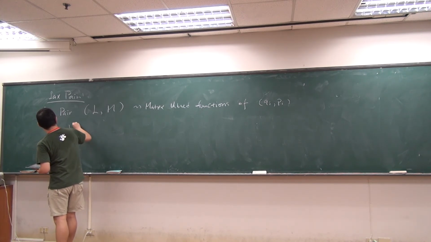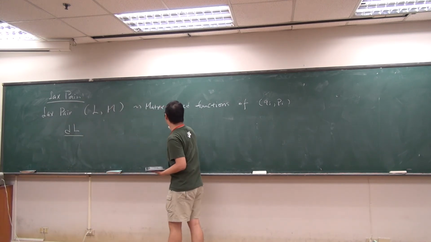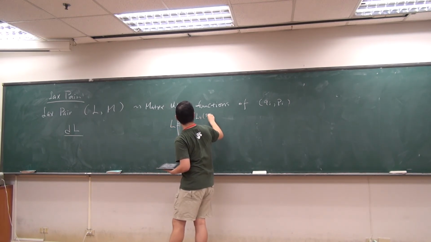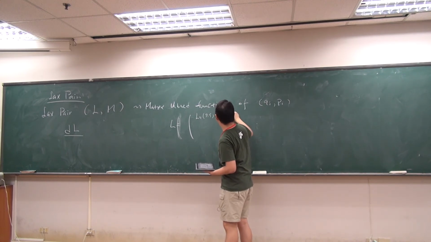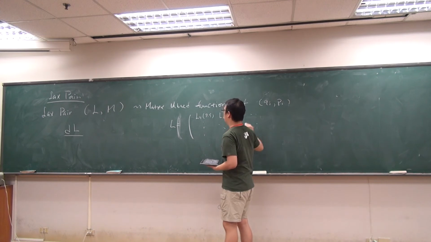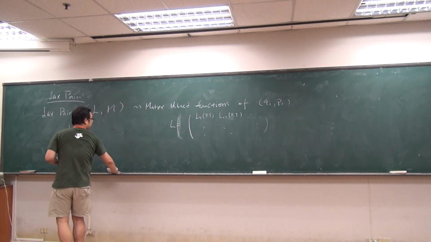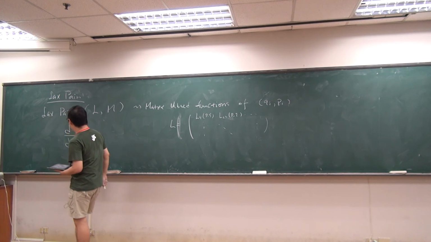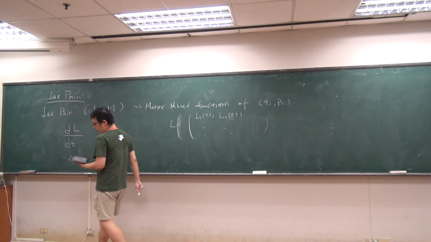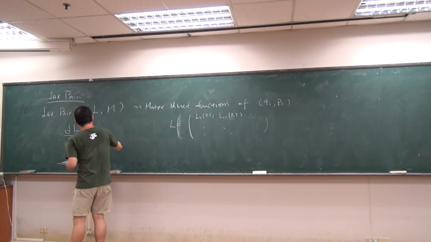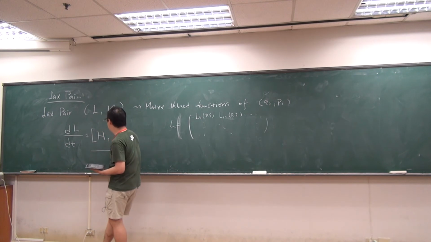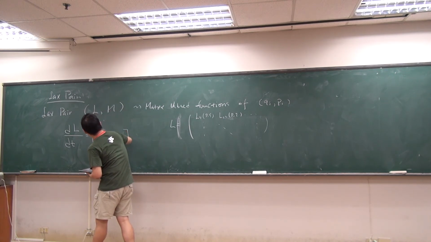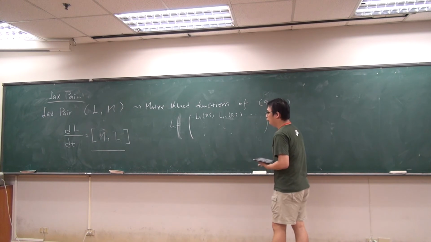All the entries, L11 and so on, are each functions of p and q, and the same goes for M. They obey a simple equation: the time evolution of the matrix L is simply given by the commutator, not of H, but of M with L itself.